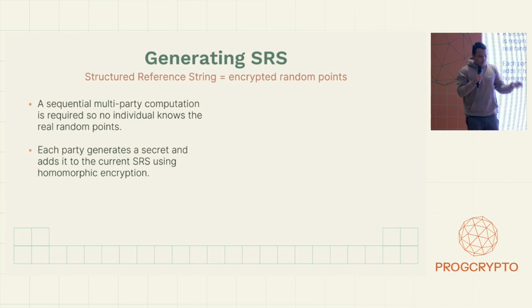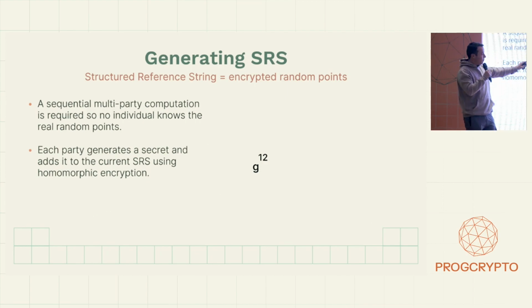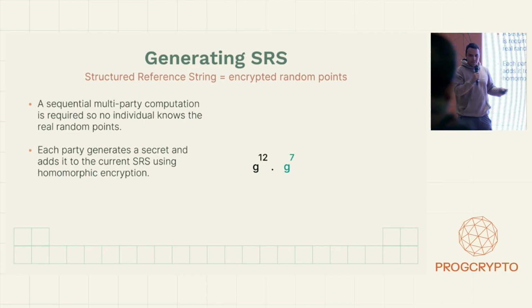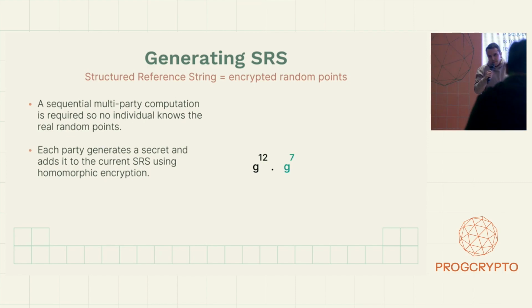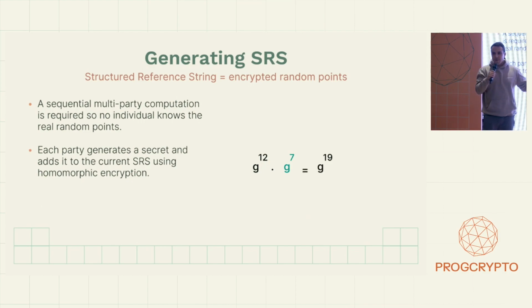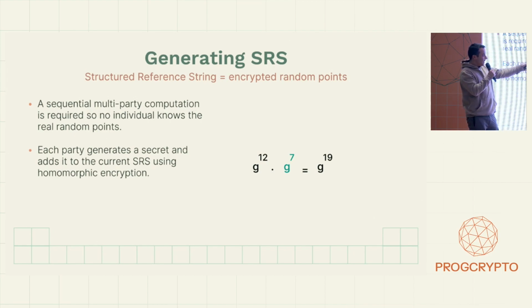Each party generates a secret and adds it to the SRS, and the way they add it doesn't break the SRS, and at the same time keeps the result encrypted. For example, imagine the SRS is G to the power of 12. I add my secret, which is 7. My secret is 7, so I multiply by G to the power of 7, and I get G to the power of 19. At the end of the day, G to the power of 19 is the public data.